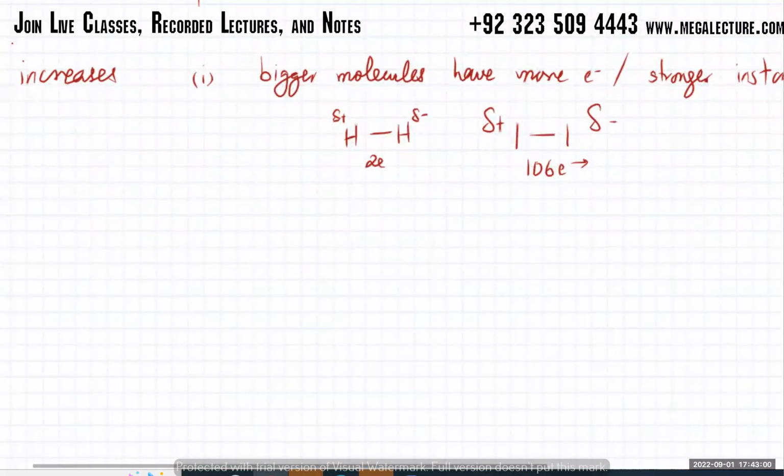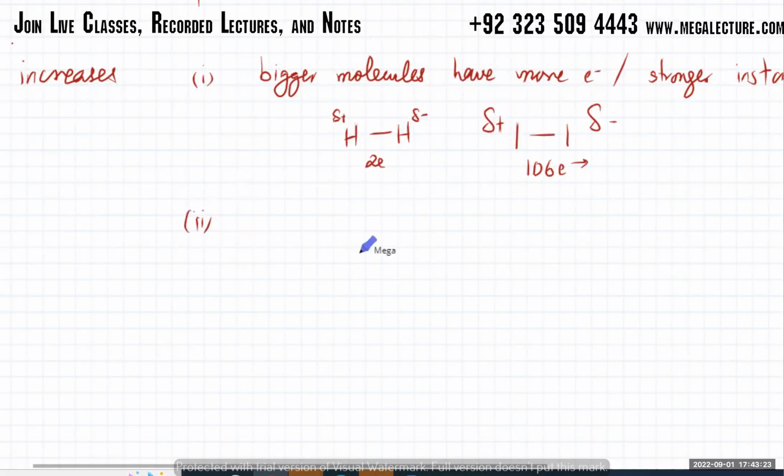Just one second. अच्छा, bigger molecules have more electrons and stronger induced dipoles. That's one thing. And the second is the second factor.